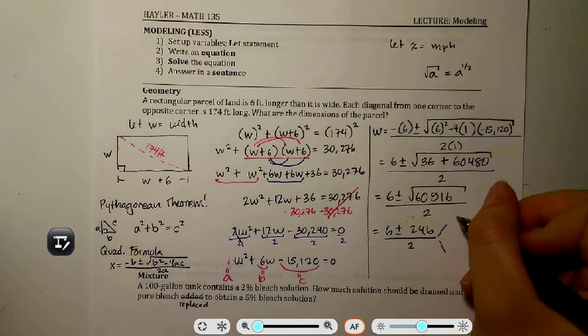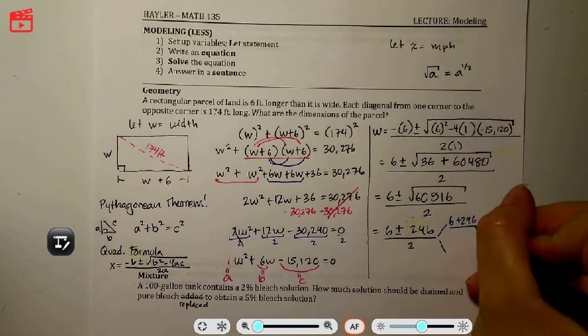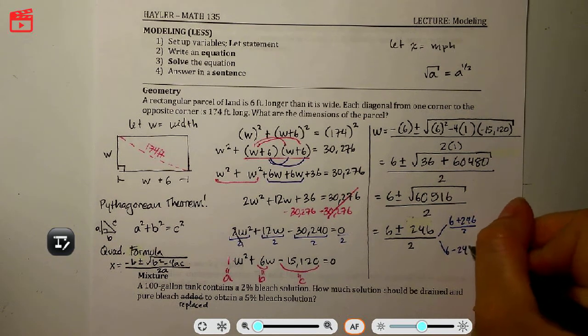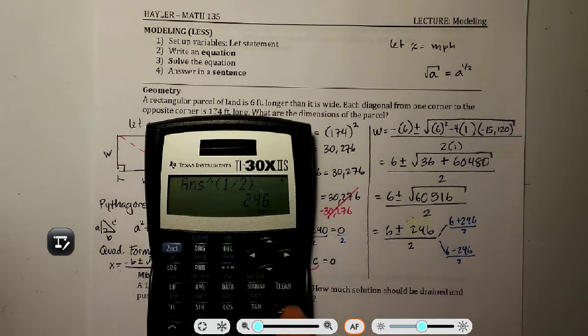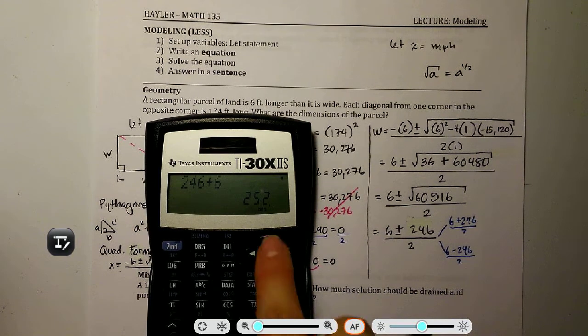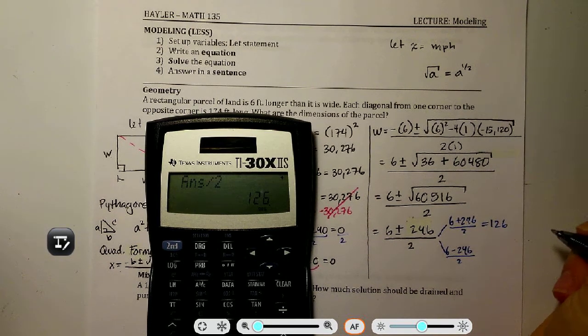So we have one option is 6 plus the 246 divided by 2. The other option is 6 minus 246 divided by 2. Okay, let's go ahead and do those options. So 246 plus 6, 252. Dividing by 2, I get 126. So that's one option, 126.